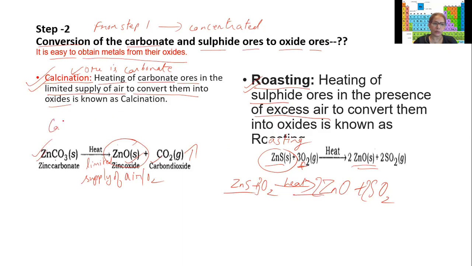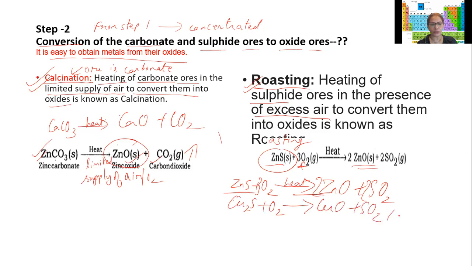Here you can take one more example. Calcium carbonate is heated in again limited supply of air to form calcium oxide plus carbon dioxide. Here you can take similarly copper sulfide plus oxygen will give copper oxide plus sulfur dioxide.